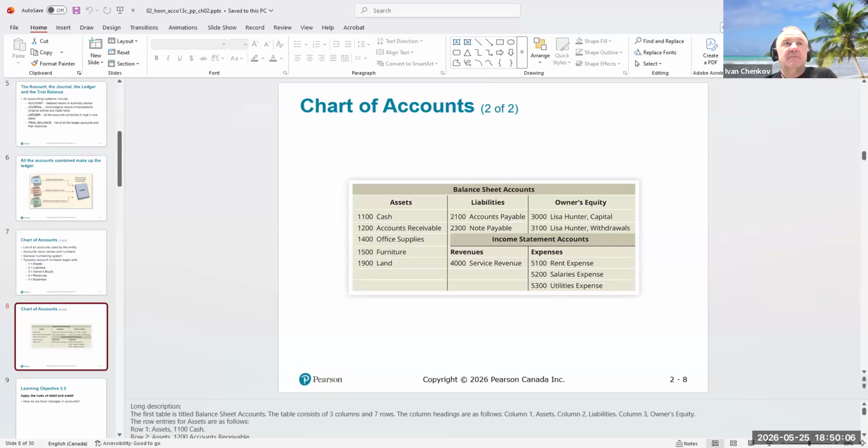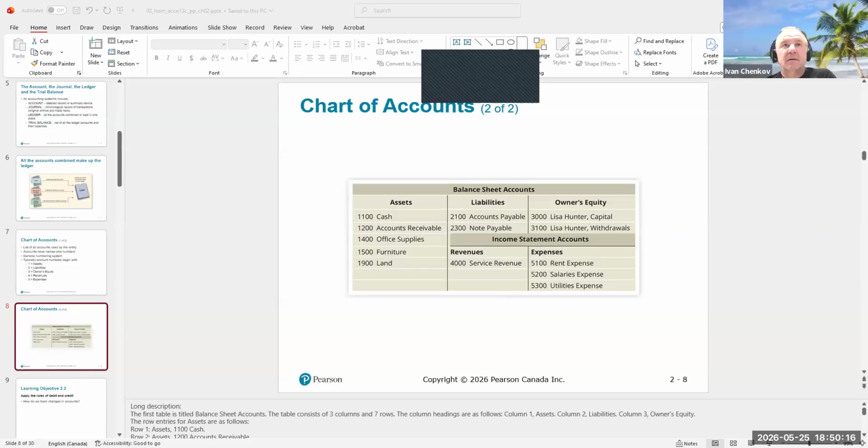Let me share one quick chart of accounts with you. The chart of accounts, the one that I posted for you, looks like this.